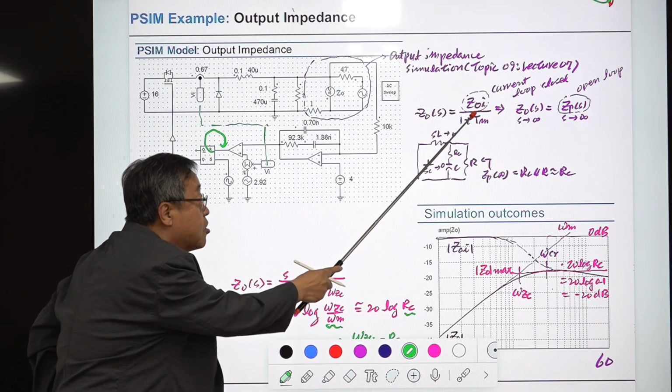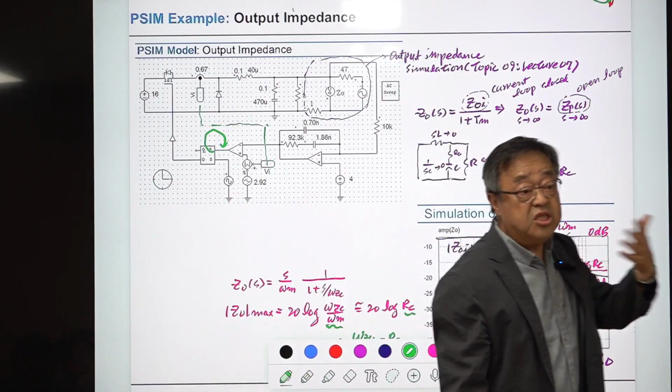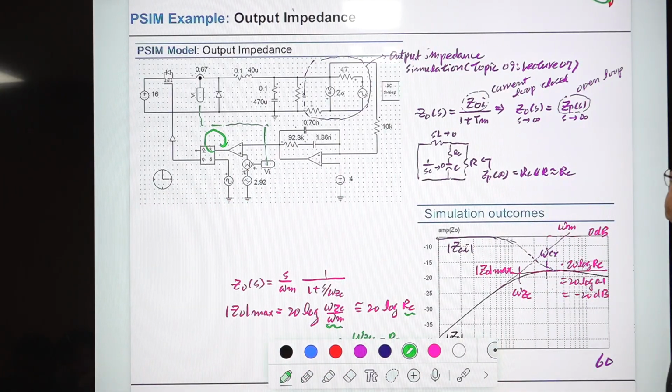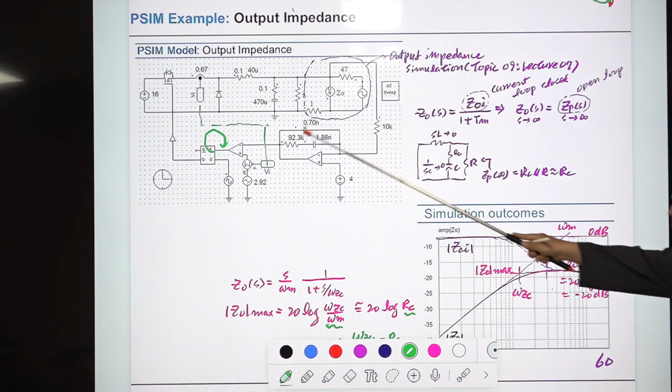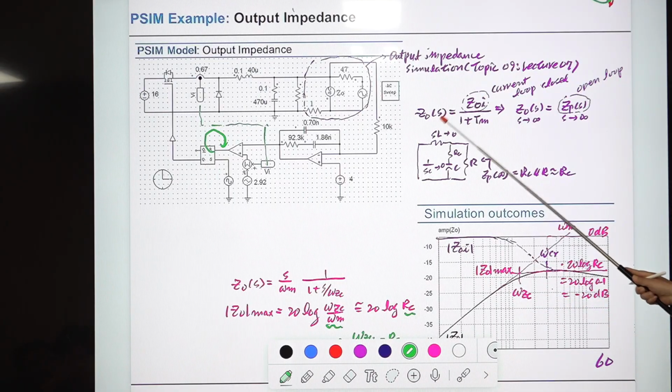This is rather complicated, but if you use the asymptotic analysis, that can be easily solved. At high frequencies, this TM becomes very small and can be ignored, and this current loop becomes very small and can be ignored. Then this is the same as the open loop output impedance.